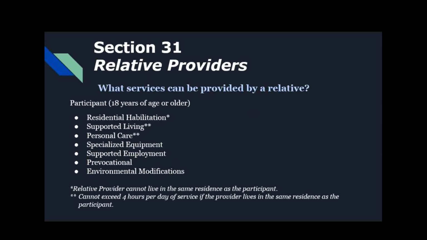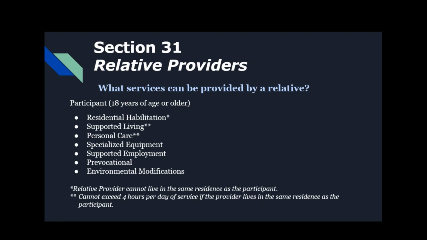The policy will need to be shared with the participant and the relative or legally authorized representative. Continuing on with relative providers, what services can be provided by a relative? A participant 18 years of age or older can receive the following services by a relative provider: residential habilitation, supported living, personal care, specialized equipment, supported employment, pre-vocational services, environmental modifications.